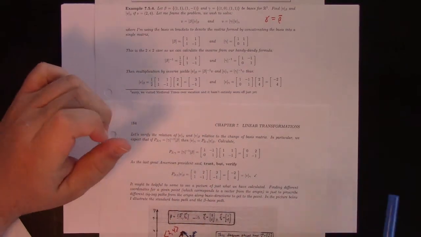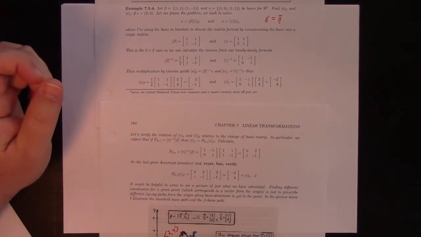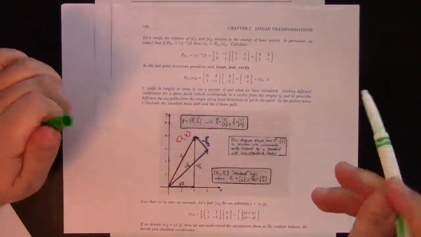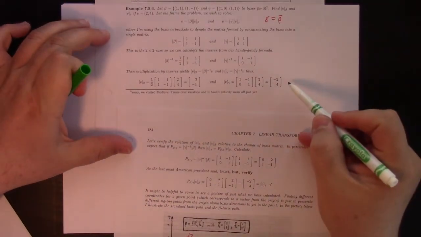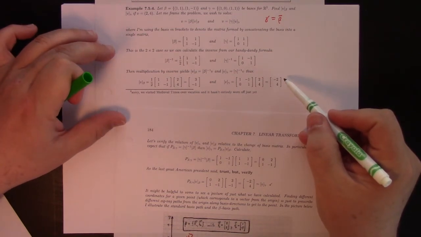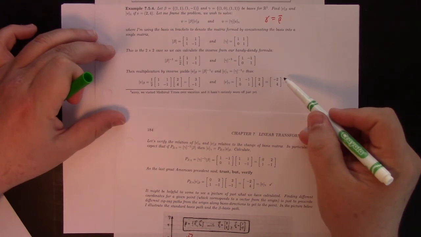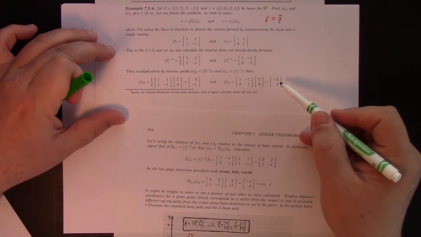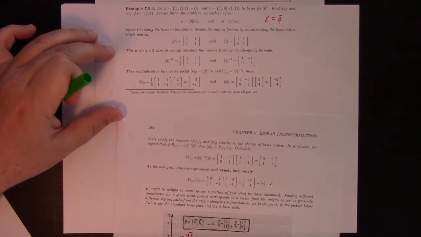And then with respect to the gamma basis, if I could just keep my example straight, that'd be great. With respect to the gamma basis, we need minus 2 copies of the first thing in the gamma basis, and then 4 copies of the thing in the... Oh, I'm an idiot.